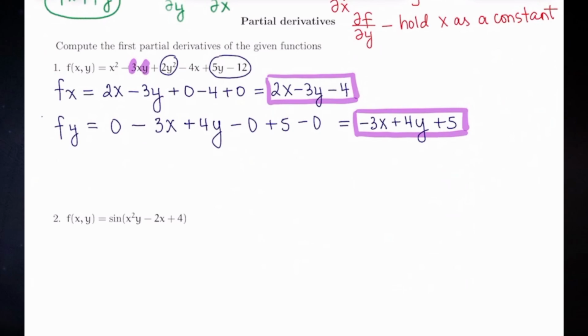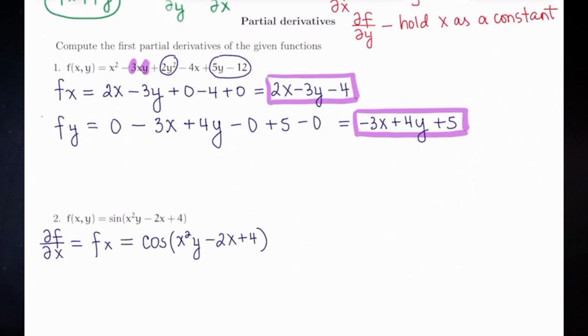So I'm going to implement the other notation as well. So df dx, or if you'd like to use a more simple notation, f sub x. So first derivative with respect to x. How do we do this? Well, first we're gonna do the chain rule, right? So the derivative of sine is cosine, and we're gonna rewrite the argument. That doesn't change.